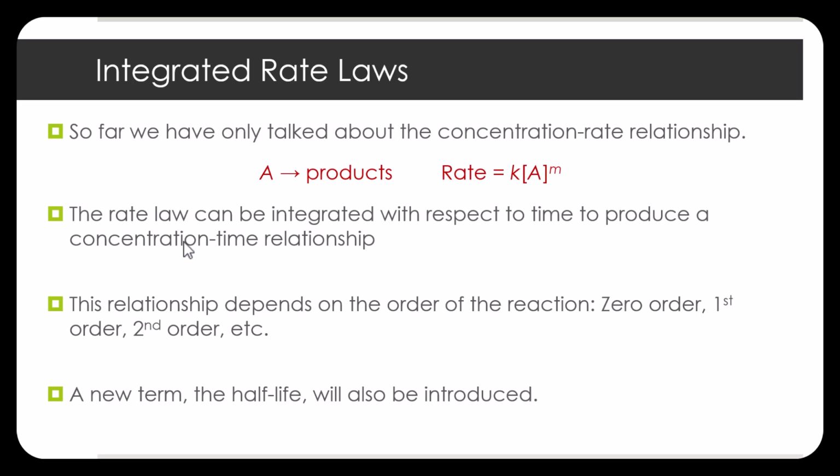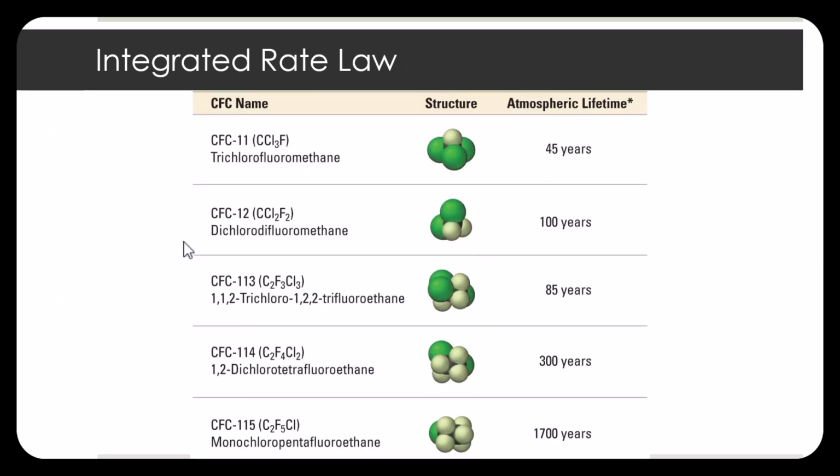So here's what I'm talking about with ambiguous versus more tangible. Here's a table, right? So these are CFCs. CFCs are known pollutants in our atmosphere. If we integrate these rate laws, yeah, I could tell you the rate of disappearance of trichlorofluoromethane, right? But something a little bit more tangible might be, if I have X amount of trichlorofluoromethane in the atmosphere, how long is it going to stay there?